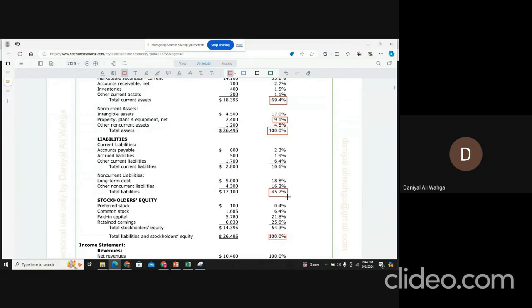All right. So now you see that your liabilities are just earning against your assets or your total equity towards 45%. As you remember, an accounting equation.